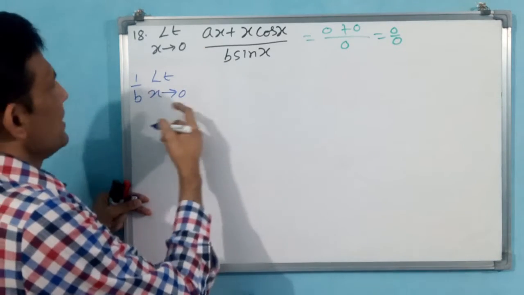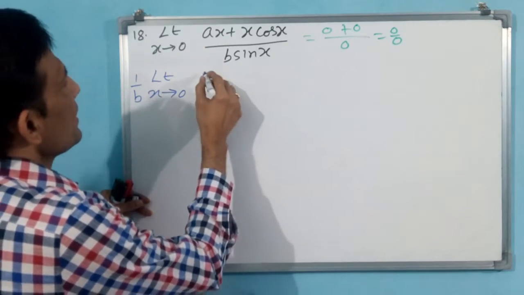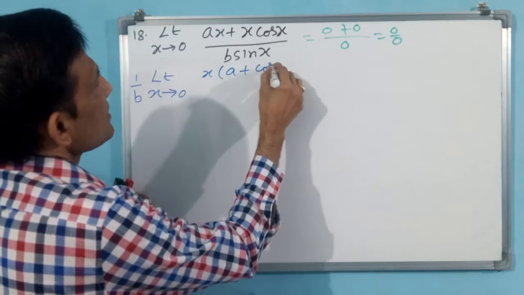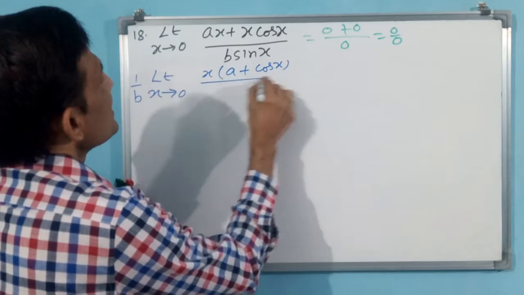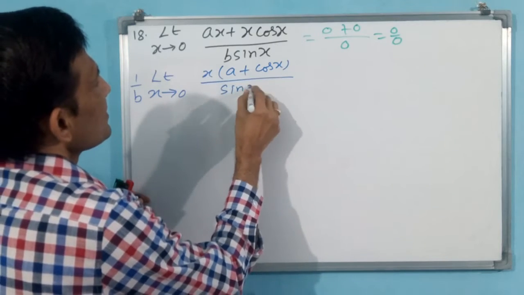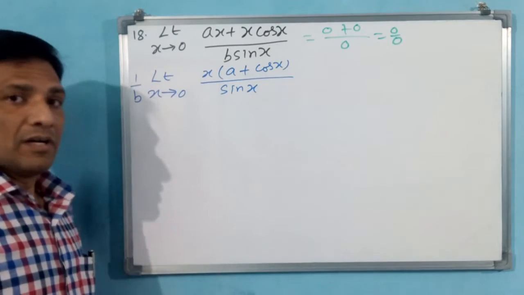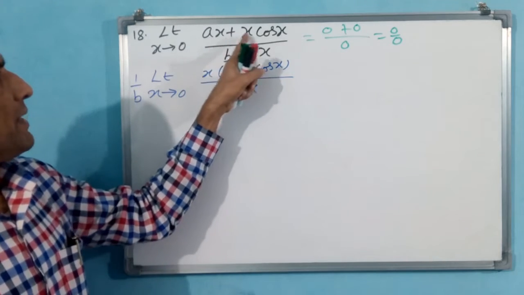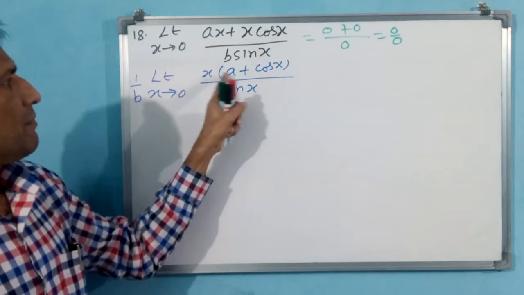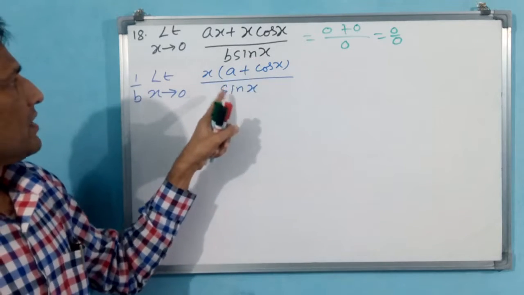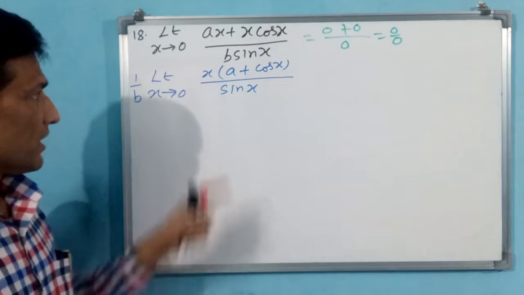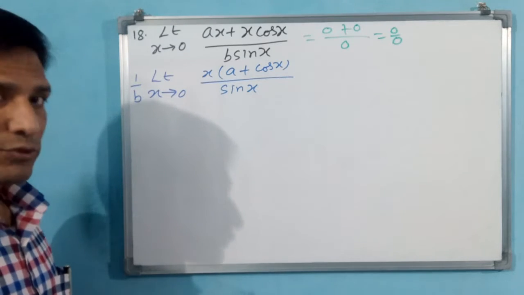It is multiplication, I can take it out. Now here also x I have taken, a plus cos x. x into a plus cos x by sin x. Why? Because b I have already taken out. Like this I have made. Next I am splitting this one.